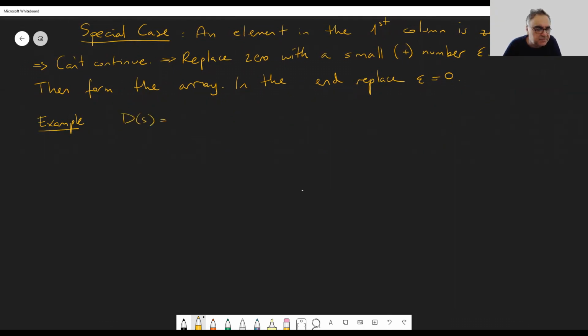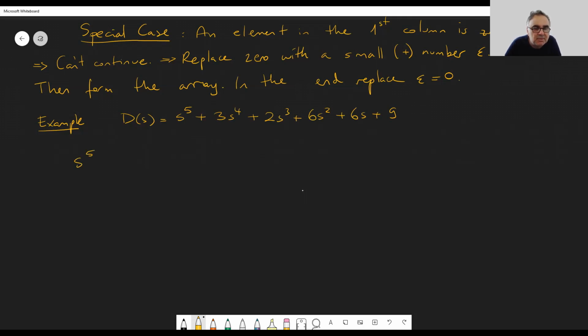Let's say this is as follows: s to the 5 plus 3s to the 4 plus 2s cubed plus 6s squared plus 6s plus 9. For some reason, we have such a system.